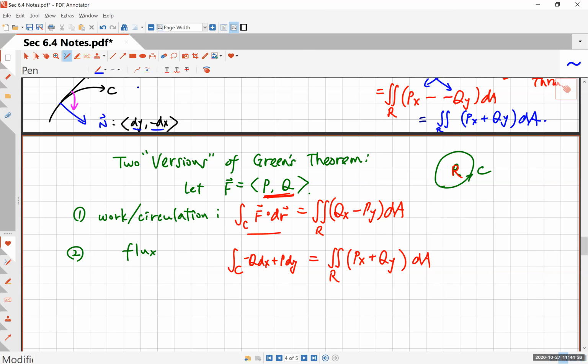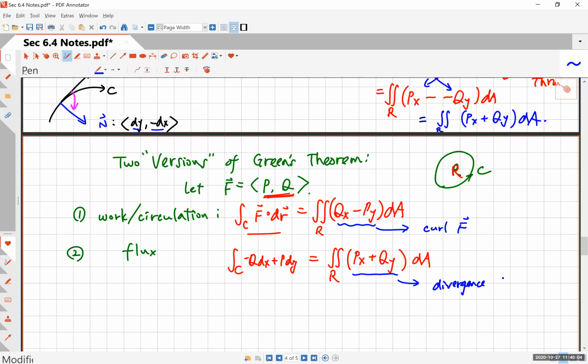The first part is the work and circulation. This is the most basic, fundamental version, and I mentioned that this integrand is called the curl of F. Again, this is something we will explore in the next section. On the other hand, this new integrand, which we obtained by applying the first part of Green's theorem to the flux formula, is called the divergence of F.